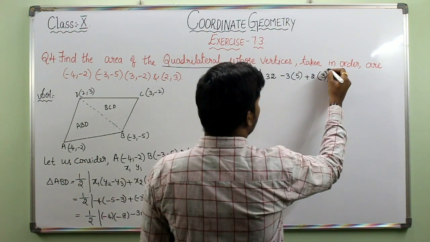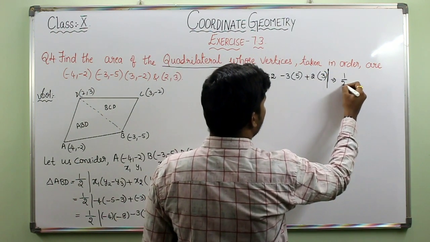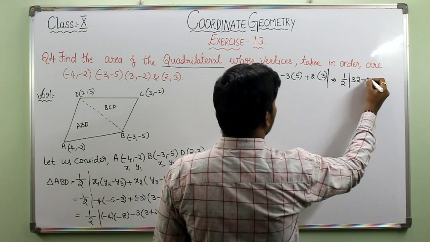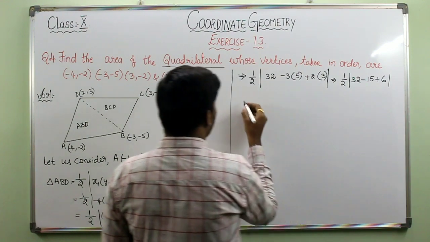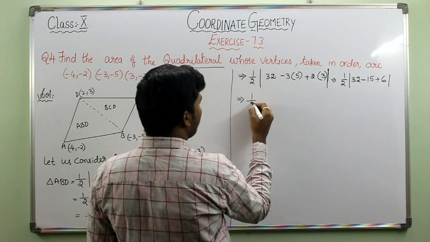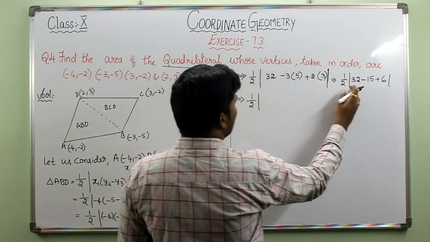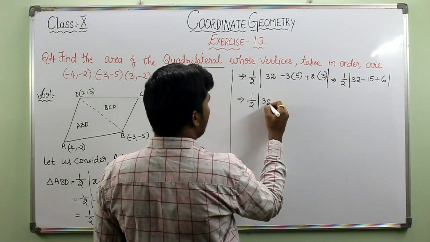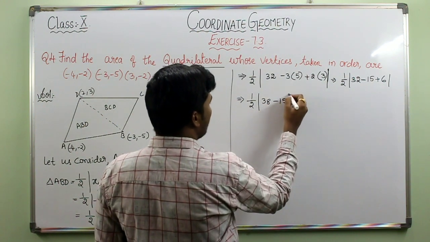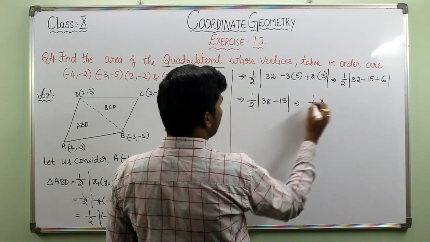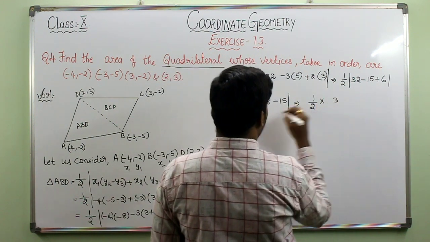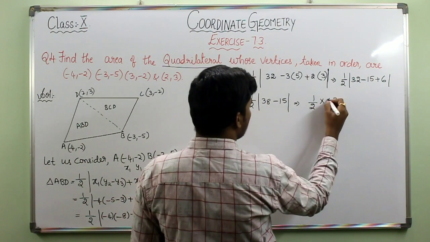Okay, this will become half modulus of 32 minus 15 plus 6. From that, half modulus of 32 plus 6 will become 38. Okay, 38 minus 15 will give you 23.